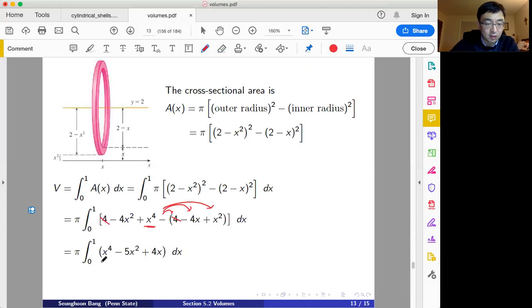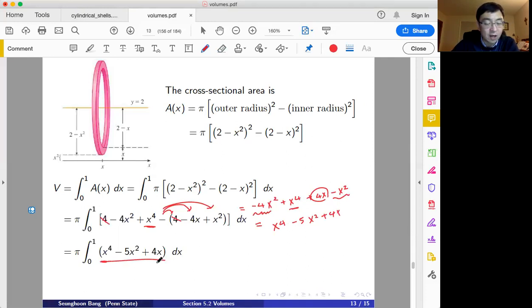The x to the 4 stays positive. The remaining part is negative 4x squared plus x to the 4 plus 4x minus x squared. So we have x to the 4, then minus 4x squared minus x squared is negative 5x squared, and the remaining part is plus 4x.